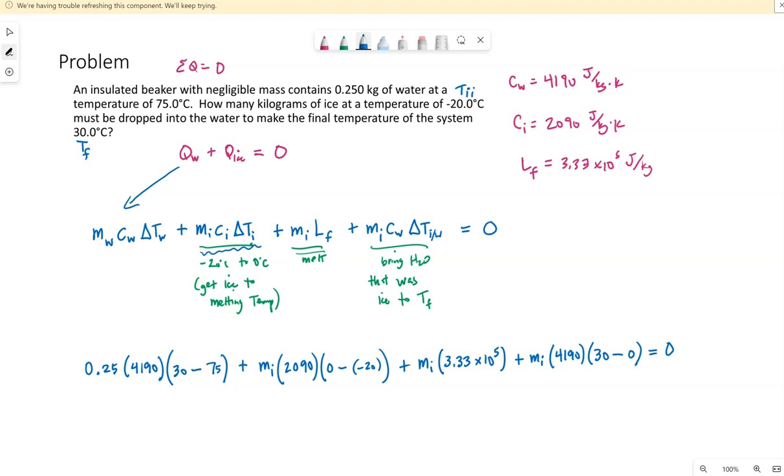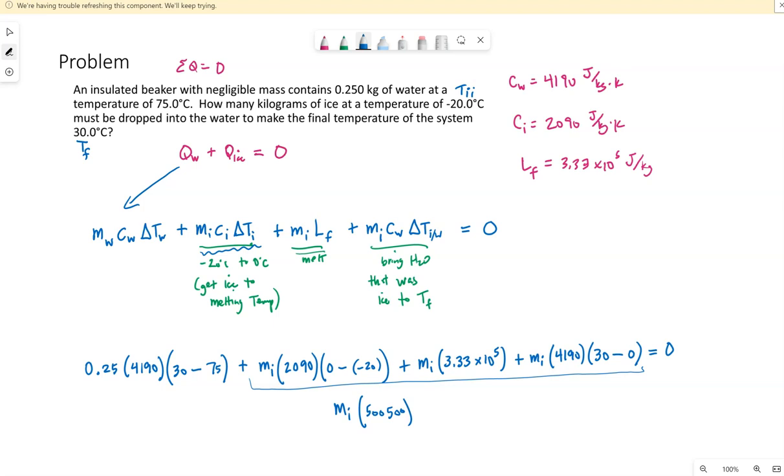So we have essentially these three terms all have mass of the ice in it. So if I go ahead and factor out mass of the ice and multiply all those numbers together, here I'm getting 500.